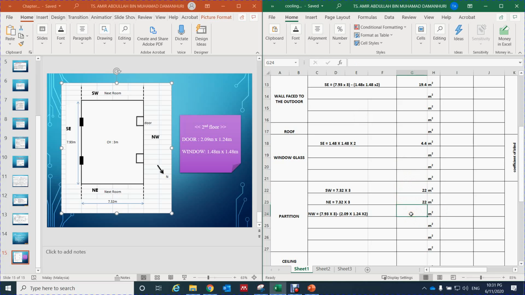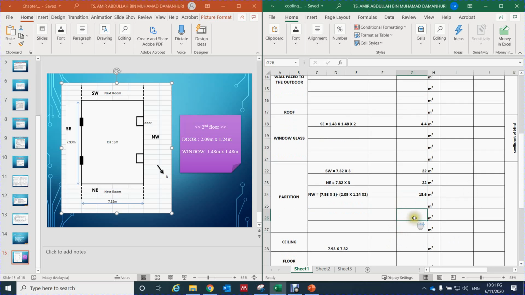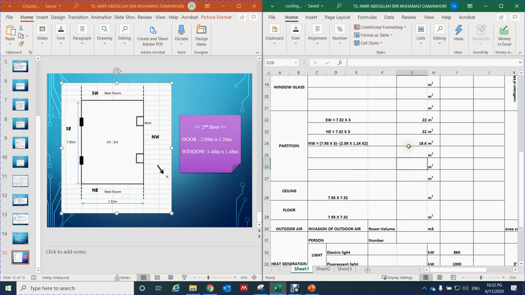And then the northwest wall is 7.93 times 3, and then we have to minus the door, which is 2.09 times 1.24, multiplied by 2, so we have about 18.6 meters square for the partition of the northwest.